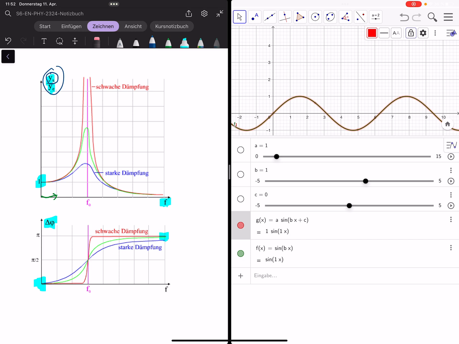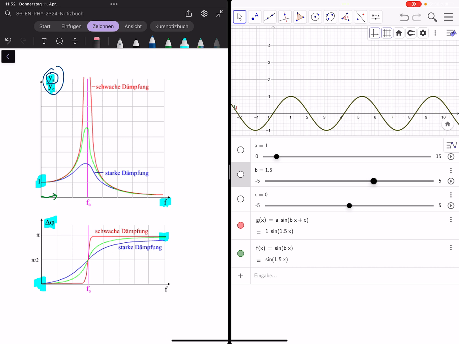So when the frequency, and we just assume that the frequencies are the same, it's not always the case, but let's make it easier.